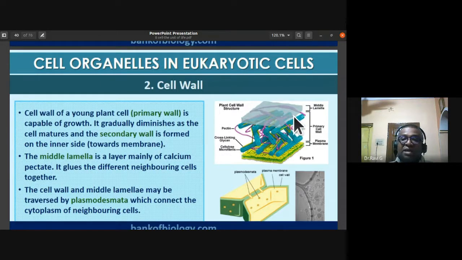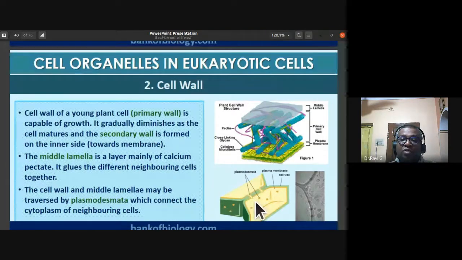So what is the middle lamella made up of? It is made up of calcium pectate. The cell wall and the middle lamella may be traversed by plasmodesmata. So they have these gap junctions, isn't it? Plasmodesmata are cytoplasmic connections which connect the cytoplasm of neighboring cells.